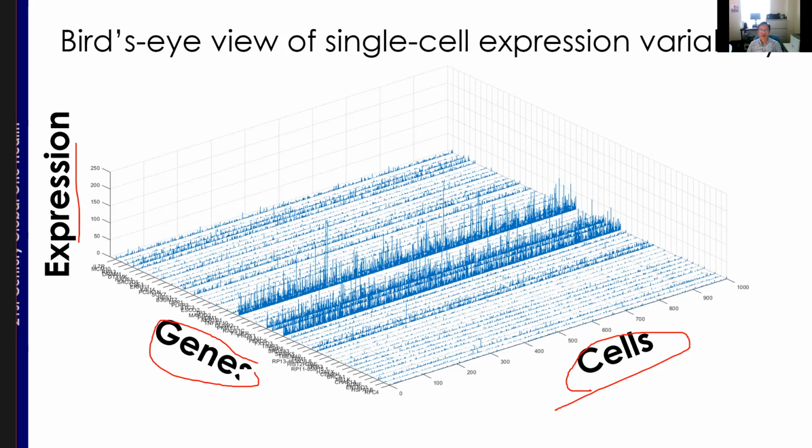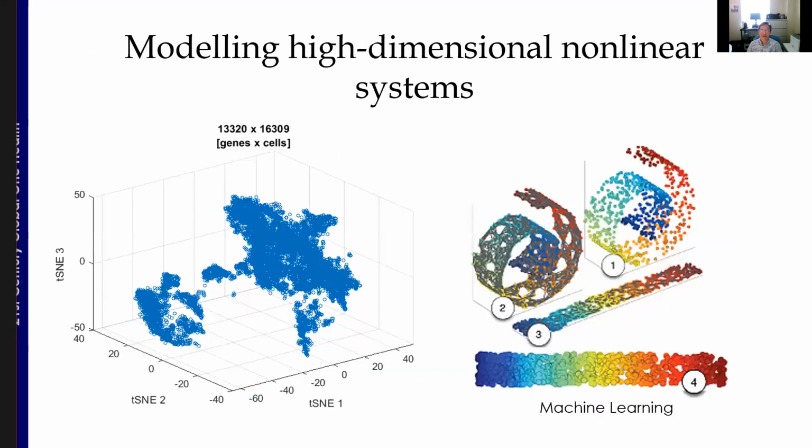Okay, so this becomes a big data problem because you have so many data points, and this gene is expressed relatively high, and this gene is expressed low, and some genes have very low level expression. But globally, if you look at the similarity between cells, each point in this plot is a cell, and the cells form different clusters.